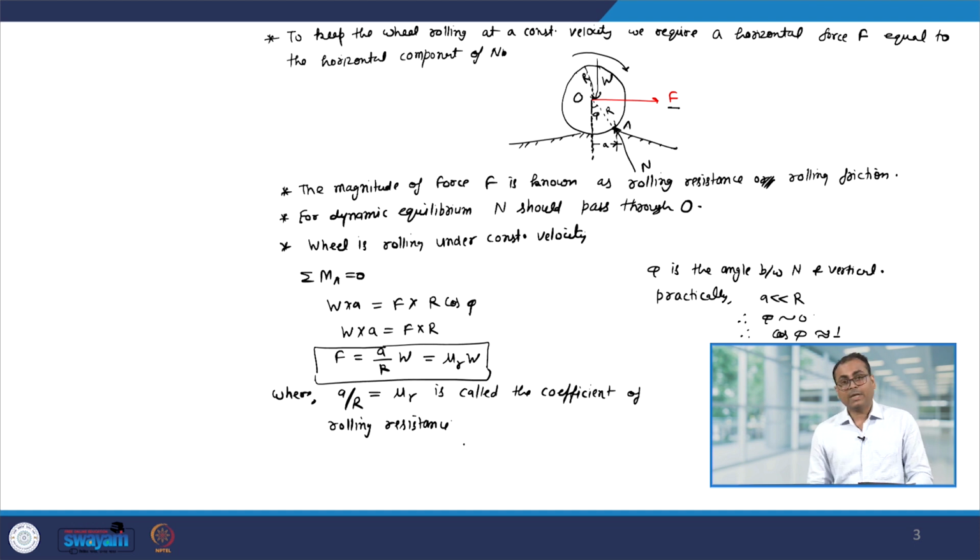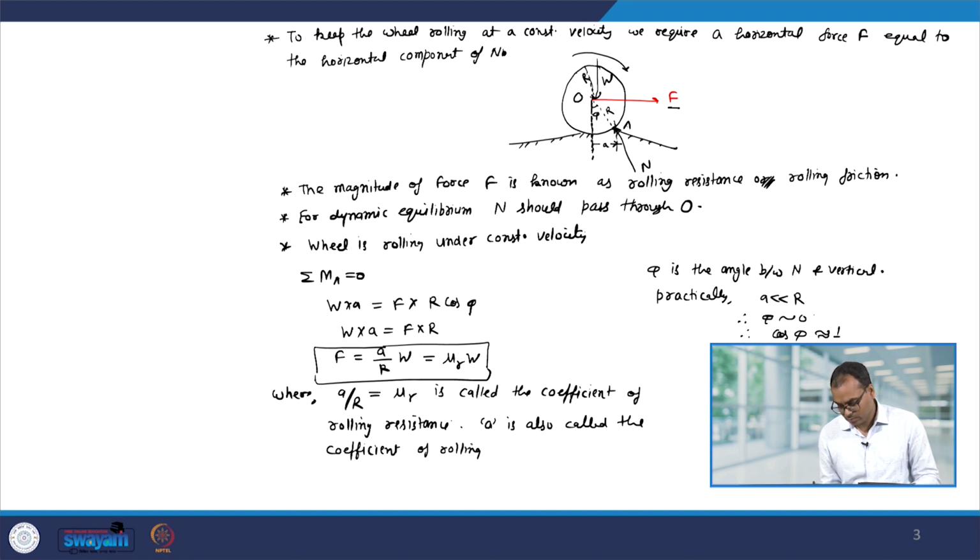Sometimes you will see that a is also called the coefficient of rolling resistance, and to identify whether a or a by R is called the coefficient of rolling resistance, you have to look at the dimensions.